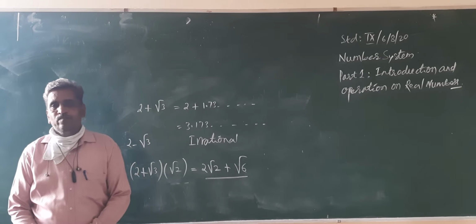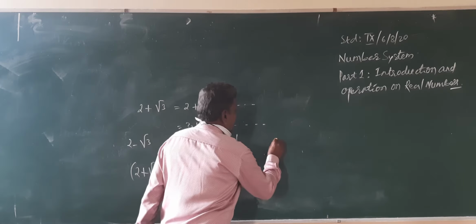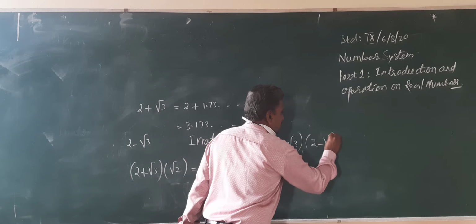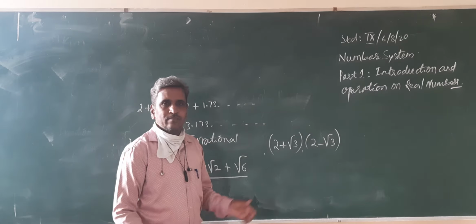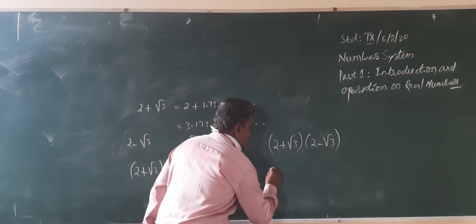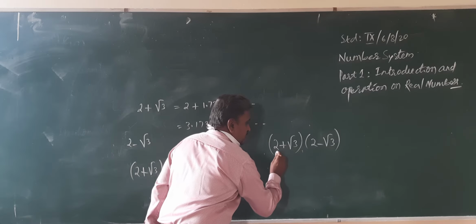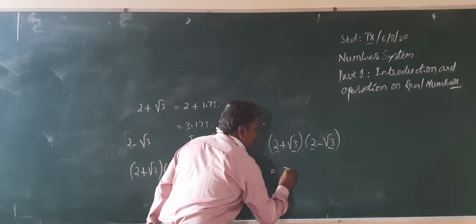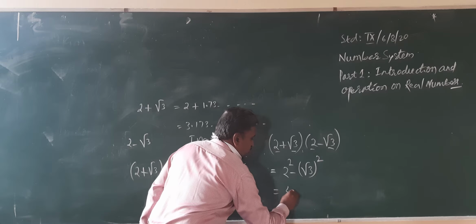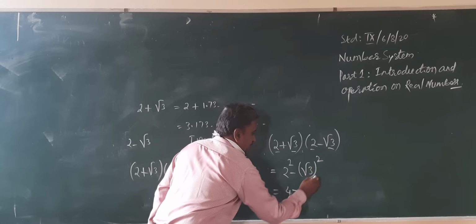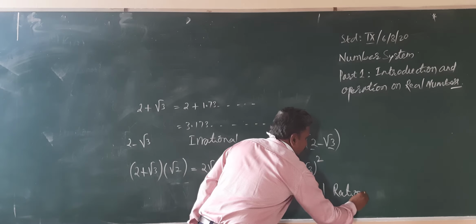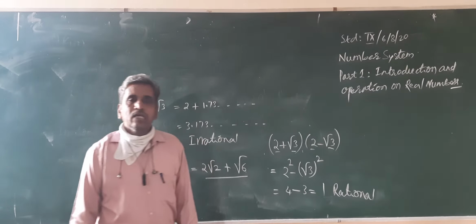Take 2 plus root 3 into 2 minus root 3. This is an irrational number and this is also an irrational number. But the product, of the form a plus b into a minus b, is a square minus b square, which is 4 minus 3 equal to 1, which is rational. Sometimes the product may be rational or irrational.